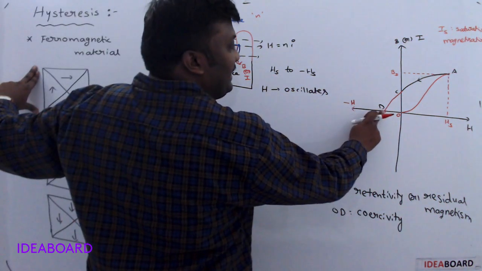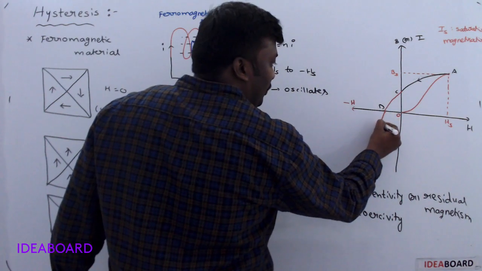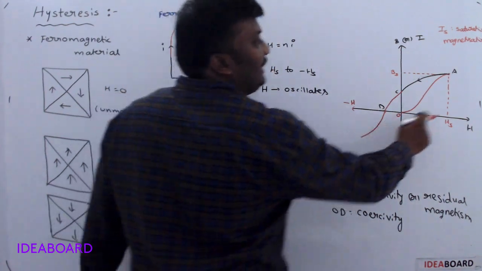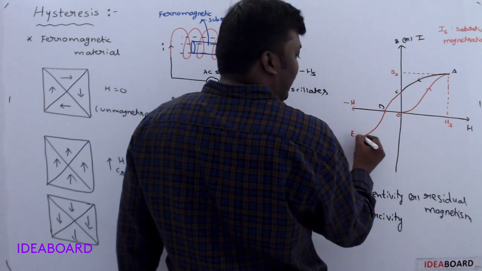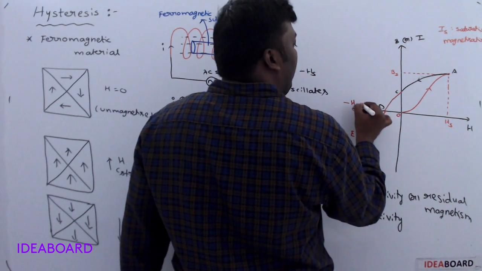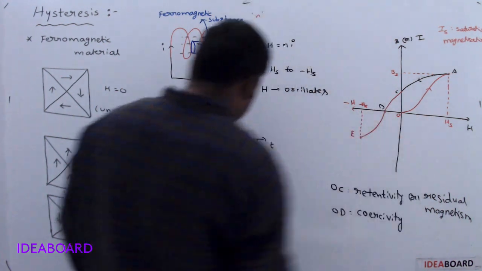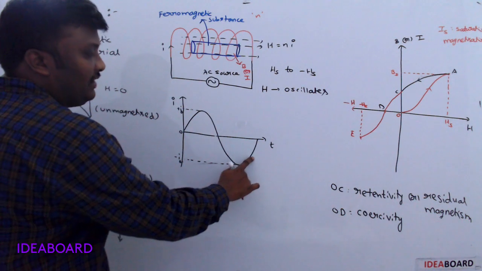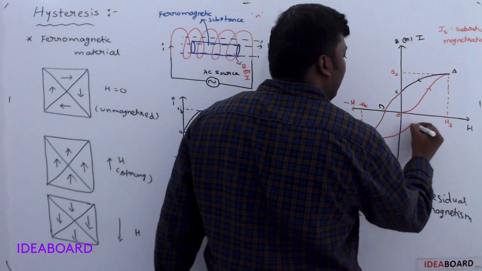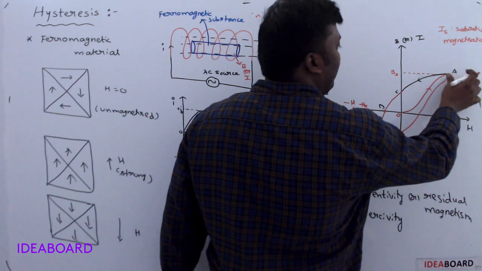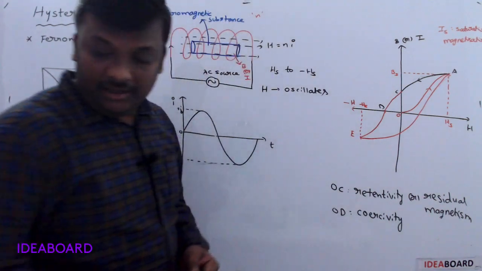Now H is increased in the negative direction. The graph will continue in the negative direction in a similar manner as the first one and reaches one point E. Here again we get the negative H. Again if H decreases, then this graph will continue like this and reaches E. Understand?